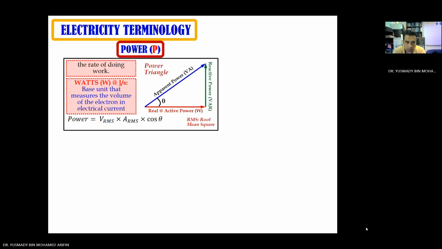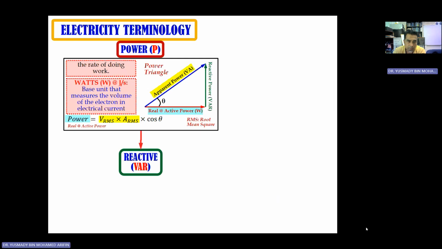So VRMS is some sort of average voltage, ARMS some sort of average current that occurs in the system. And power in the equation refers to the real or active power. VRMS multiplied by ARMS actually refers to the apparent power.